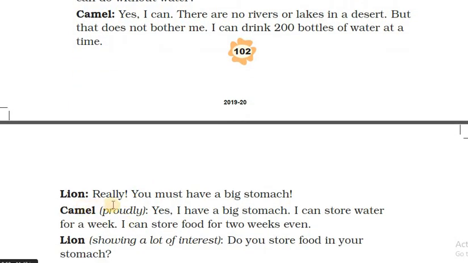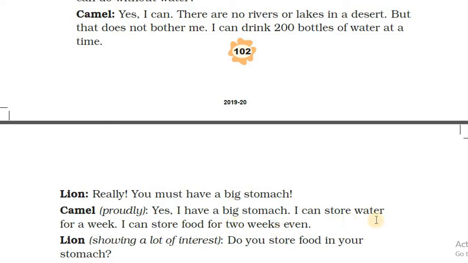Lion says, really, you must have a big stomach. Lion पूछ रहा है सचमुच शायद आपके पास बहुत बड़ा स्टमक, that means बहुत बड़ा पेट होगा. Camel proudly, that means गर्व से बोल रहा है yes I have a big stomach. मेरे पास बहुत बड़ा स्टमक, that means पेट.